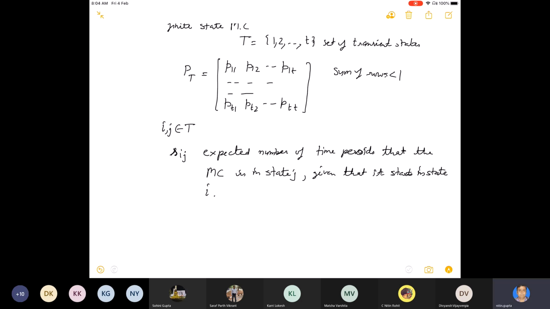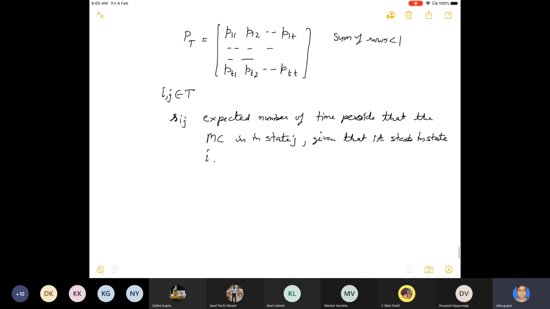So we are saying that this is the expected number of time periods the Markov chain is in state j, given that we are starting in state i. Both are transient states, let us say. So we want to determine Sij. What is the value of Sij?